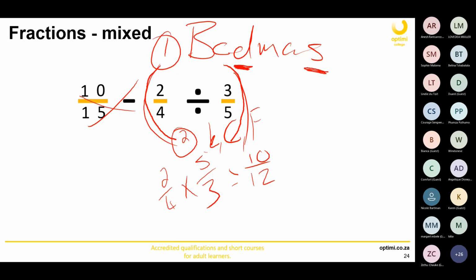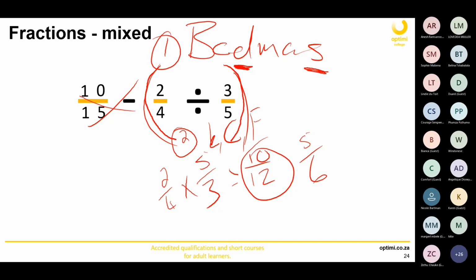Okay. And now, 10 over 12, I can either work with it that way, or I can simplify it. Let's simplify it. Divided by 2 becomes 5 over 6.